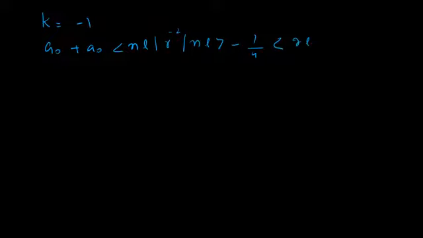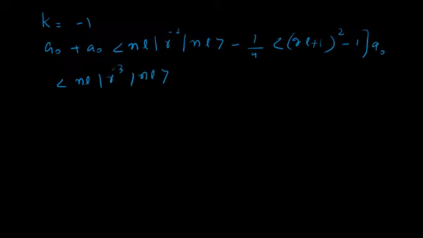If we put k = −1, then in the Kramers recursion relation it will be a₀ + a₀<nl|r⁻²|nl> − (1/4)[(2l+1)² − 1] a₀ <nl|r⁻³|nl>.